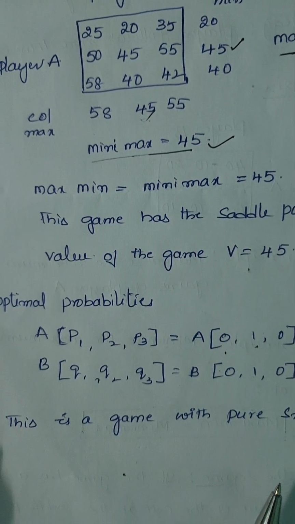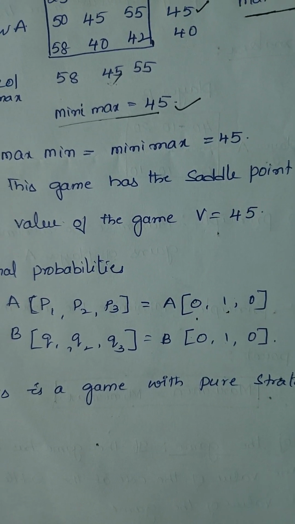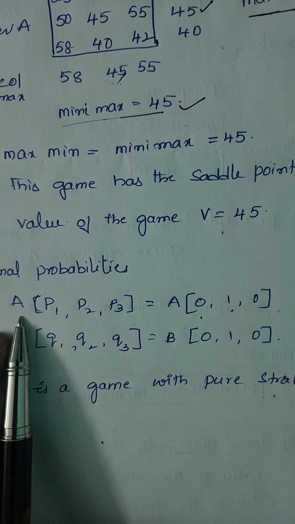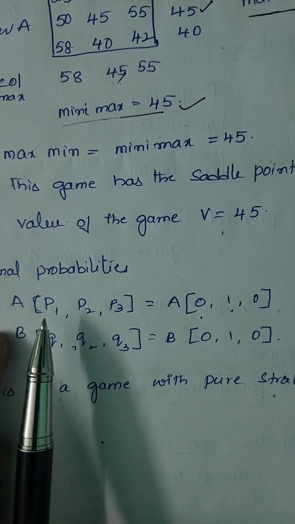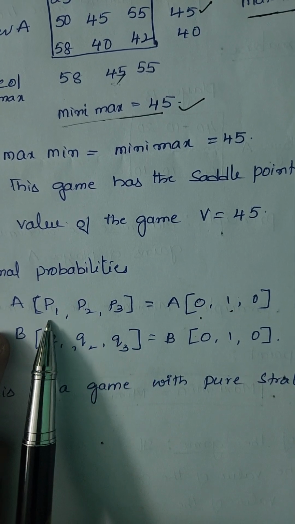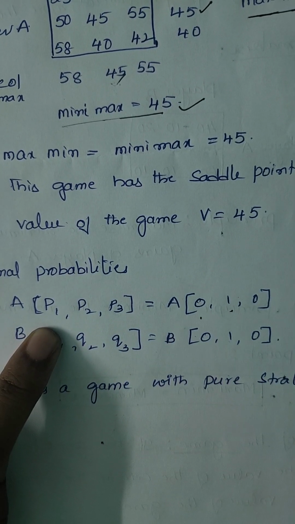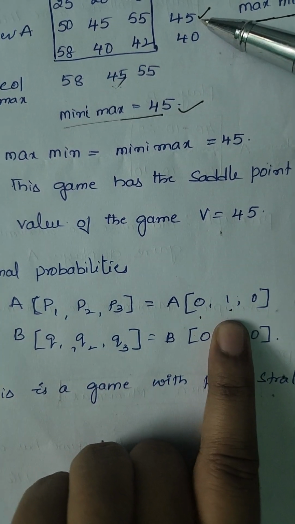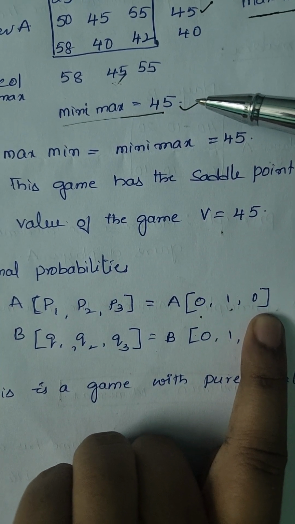Now we will find the optimal probabilities. What strategies has player A played? A: P1, P2, P3. The first probability is 0, and here 45 has occurred, so it is 1, and then 0.